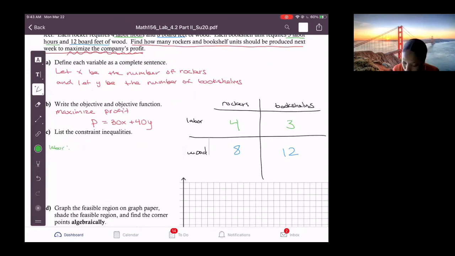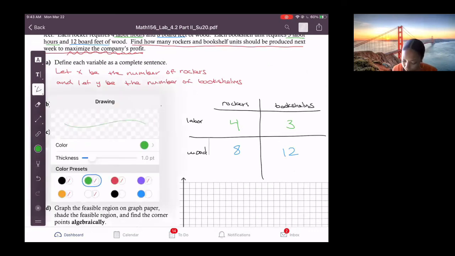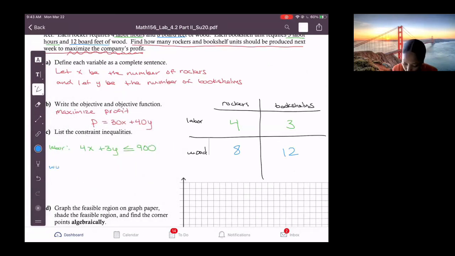So our constraints would be, for the labor, 4x plus 3y should be less than or equal to 900. We don't have more than 900 hours of work time available. And then for the wood, 8x plus 12y should be less than or equal to 2,400.